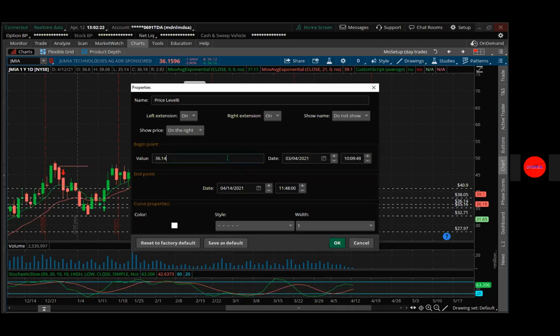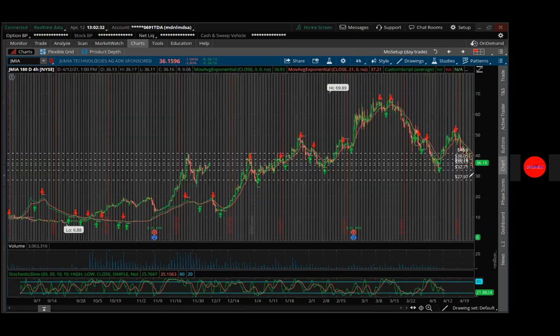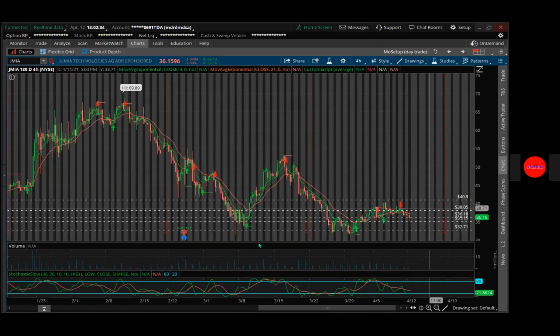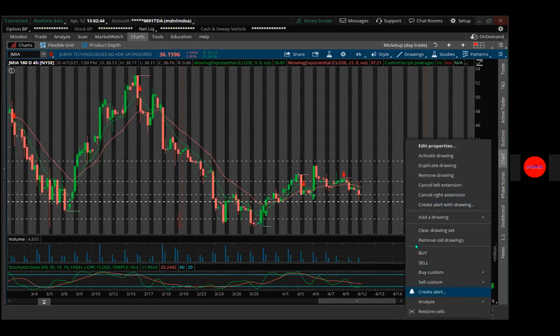It's right around 36.18, and it seems like it's holding below it. Yeah, 36.18. Move on to the 4-hour. I don't think I'm missing anything. Yeah, there isn't much I'm missing. I'd probably create an alert below 35.15 on this.